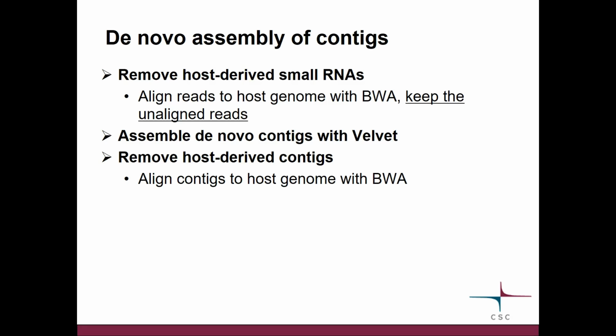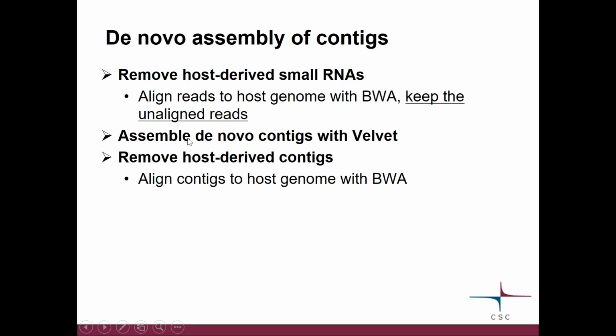So those host-derived ones you want to get rid of, because imagine if you are making a puzzle and somebody throws in lots of pieces from another puzzle, your work would be much harder. So we want to get rid of the non-viral small RNAs, and we do that by aligning the reads first to the host genome with BWA, and then we continue making the contigs with those reads that did not align to the host, because presumably they are the viral ones.